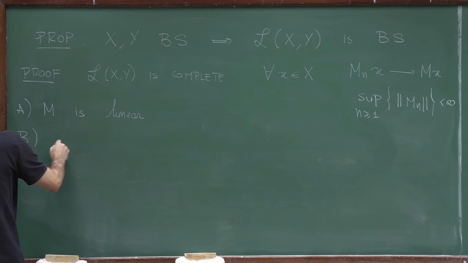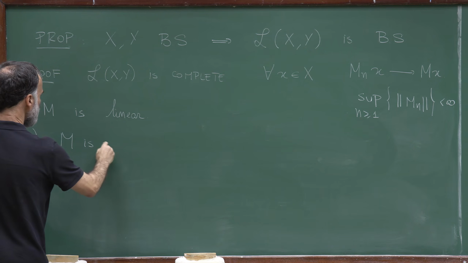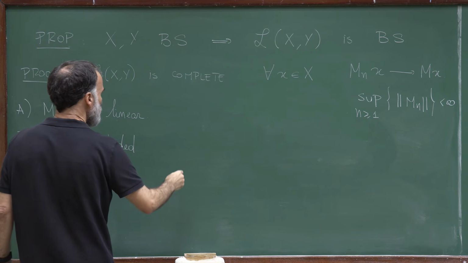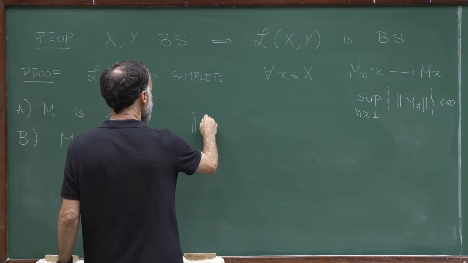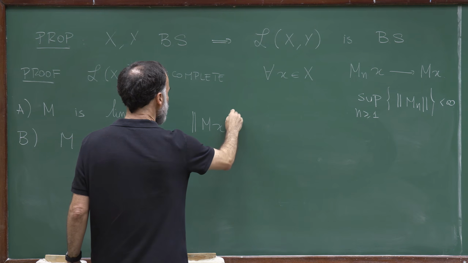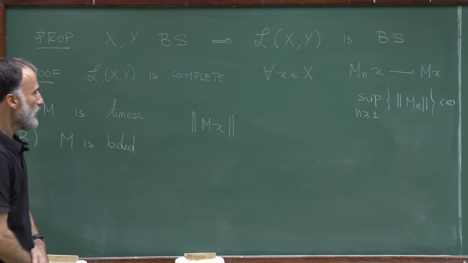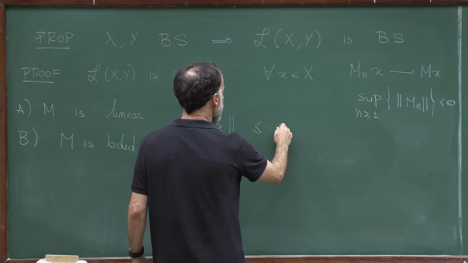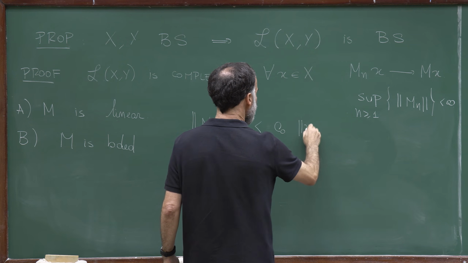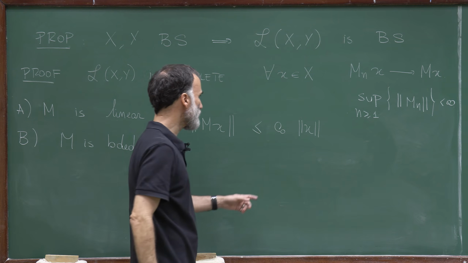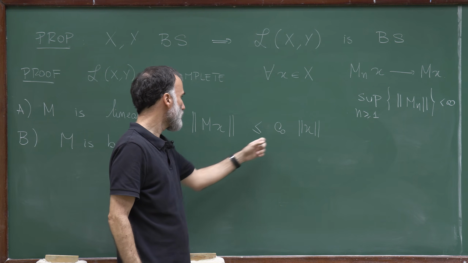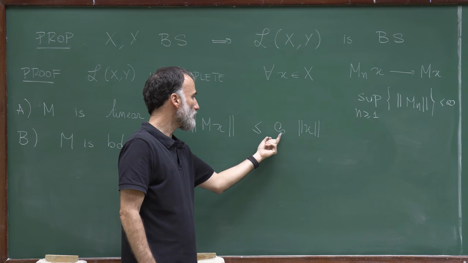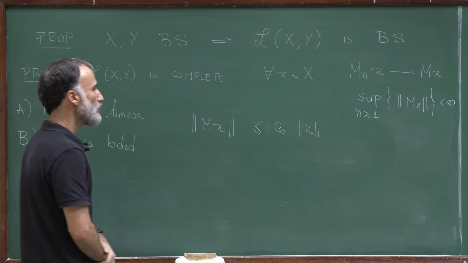So M is bounded, and to prove that I have to estimate the norm of Mx. I want to prove that this is bounded by a constant C0 times the norm of x. So I want to show that there exists a constant C0 such that for all x, the norm of Mx is bounded by C0 times the norm of x.